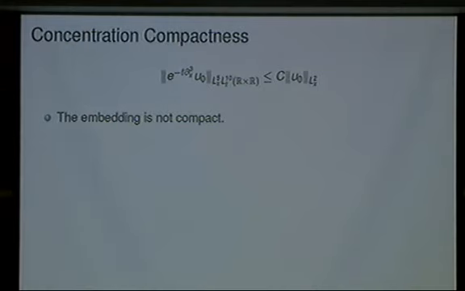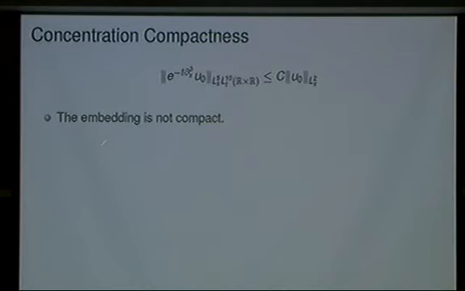The idea to show some compactness is concentration compactness, which is related to the symmetry of the embedding. We have the local smoothing estimate like this for the linear solution.